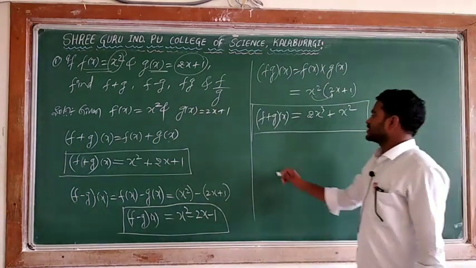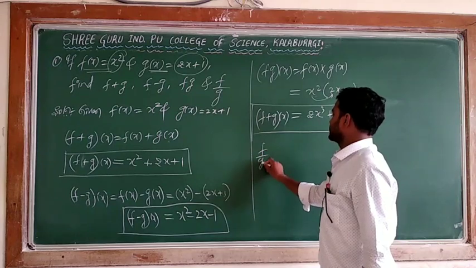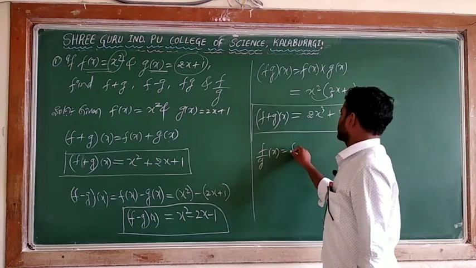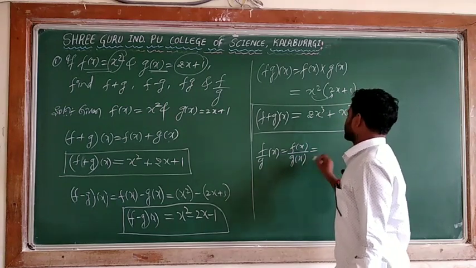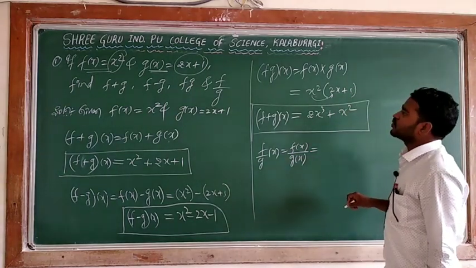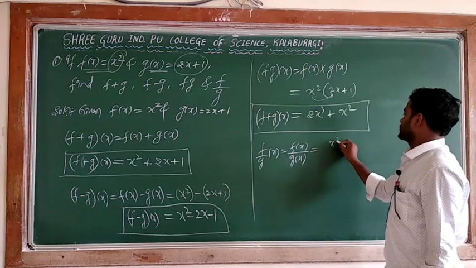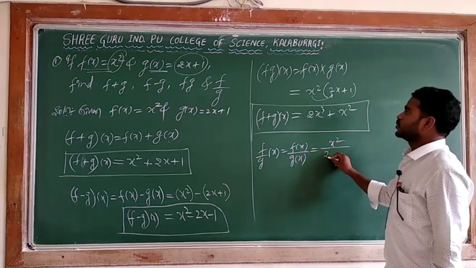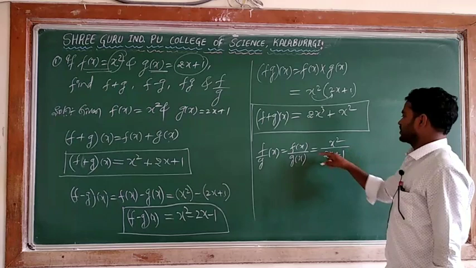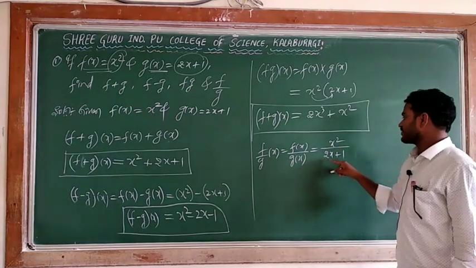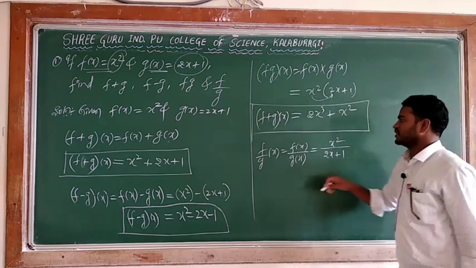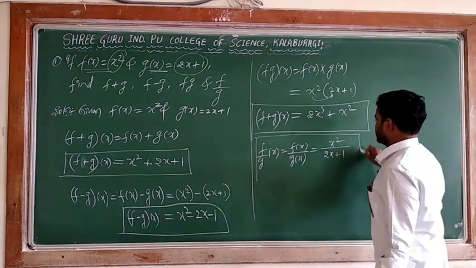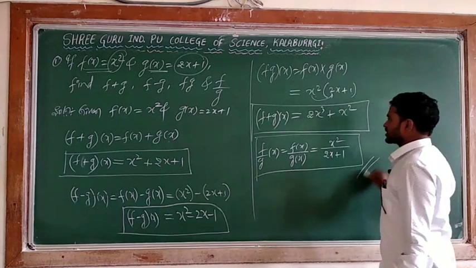Okay, now the last one: f divided by g of x. What is this? f of x divided by g of x. f of x is nothing but x square, divided by 2x plus 1. I took the f of x value and the g of x value. Further it is not possible, so better you keep it like this. This is the division of the functions. Okay, is it clear?